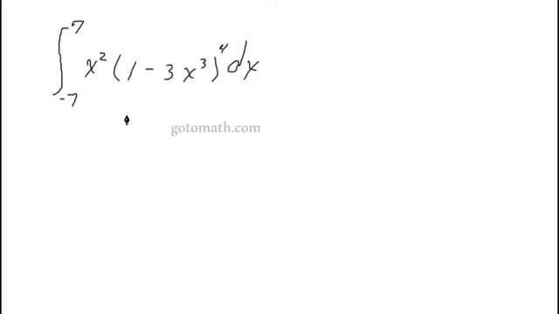So we're going to let u equal, remember usually what's in parentheses, 1 minus 3x cubed, and then our du, I guess I'll write it out here, is -9x squared dx. So just a real quick way of looking at this: if you take the derivative of the inside, you get -9x squared. Well, we have an x squared out here, so we're just going to need to put a -9, and we can put a -1/9 outside, so there you go.